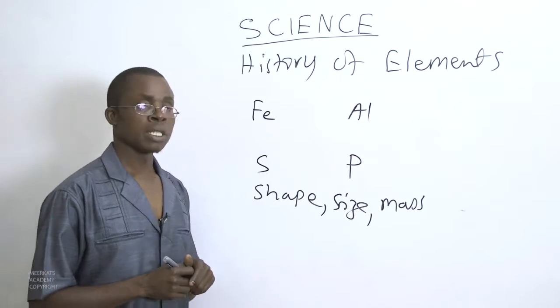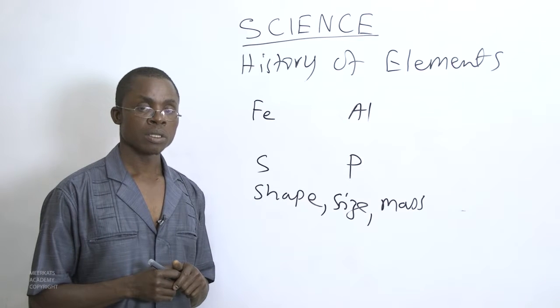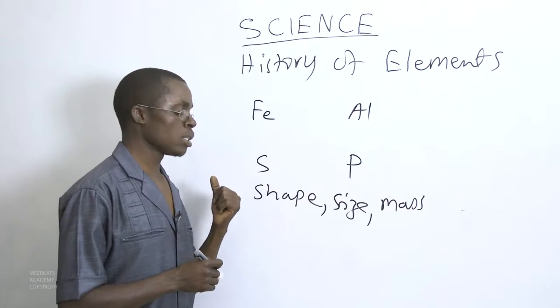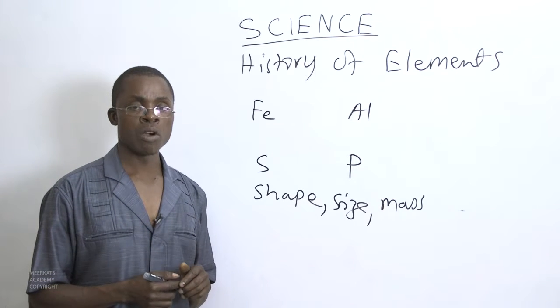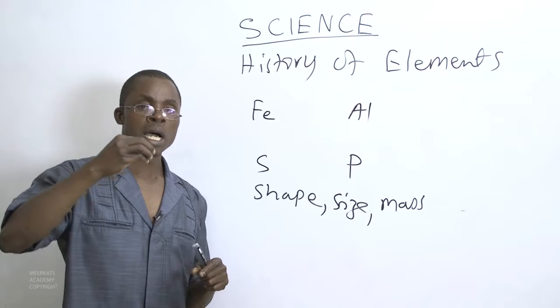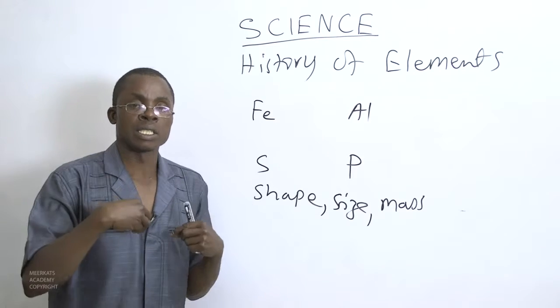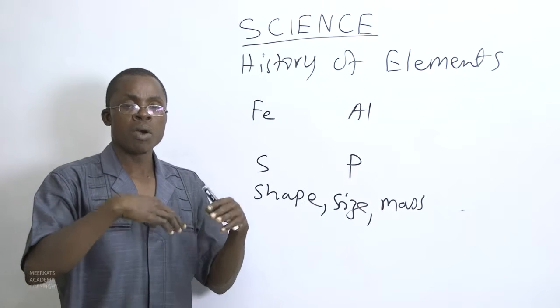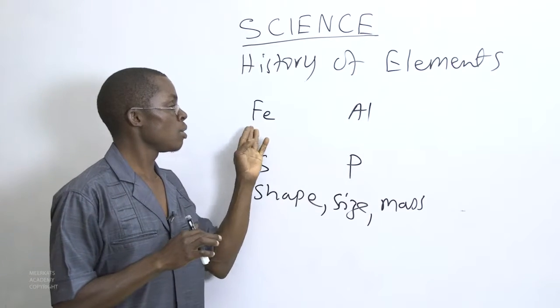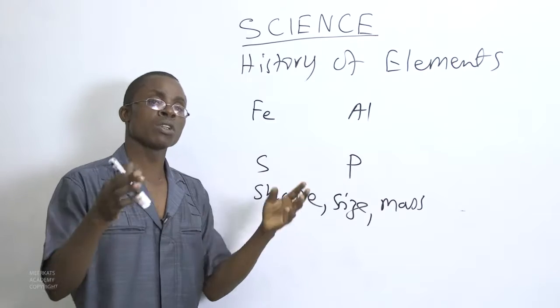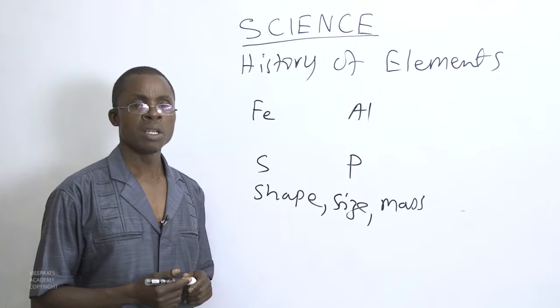Looking at the size of iron and looking at the size of sulfur, automatically they will be different because of what that atom has inside it. The number of the particles that form an atom in sulfur and iron, aluminium and phosphorus and all the other elements will obviously vary.